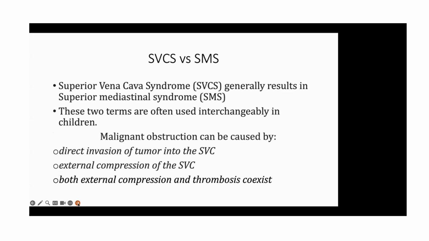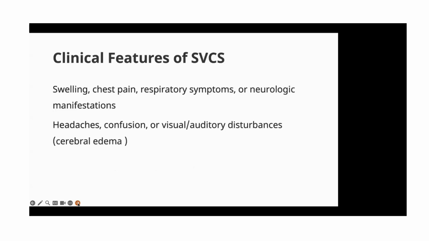Malignant obstruction can be caused by either direct invasion of tumor, external compression, or both, and external compression and thrombosis can coexist. The clinical features of this syndrome are swelling, chest pain, respiratory symptoms, and neurological manifestations.